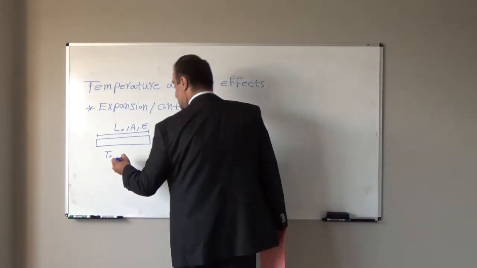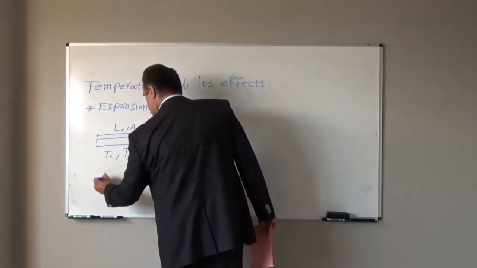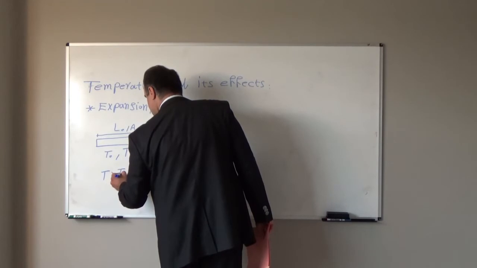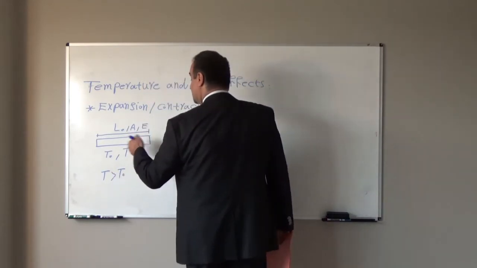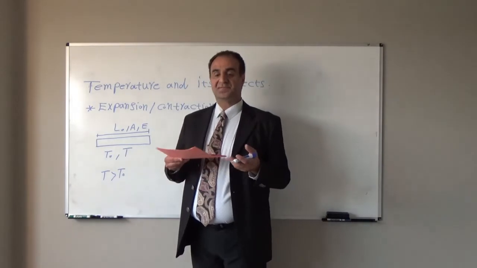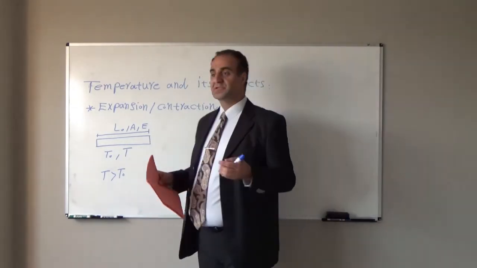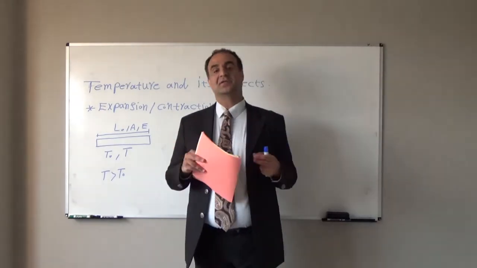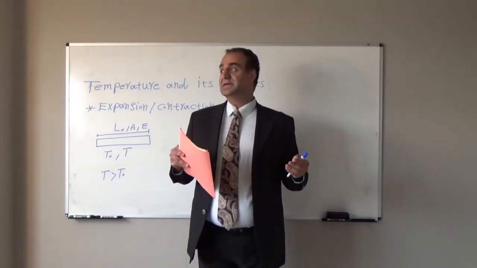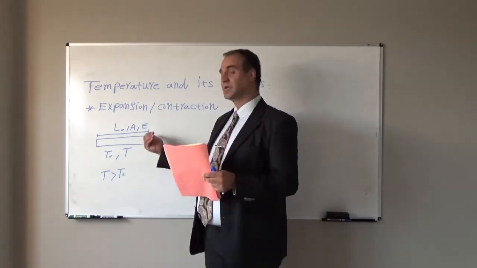I increase temperature from T0 to T, where T is greater than T0. We will have expansion, size will increase, but because it is free to increase size, we will have deformation, cross-sectional area will increase, volume will increase, length will increase. But we will not have any internal stress in this rod.